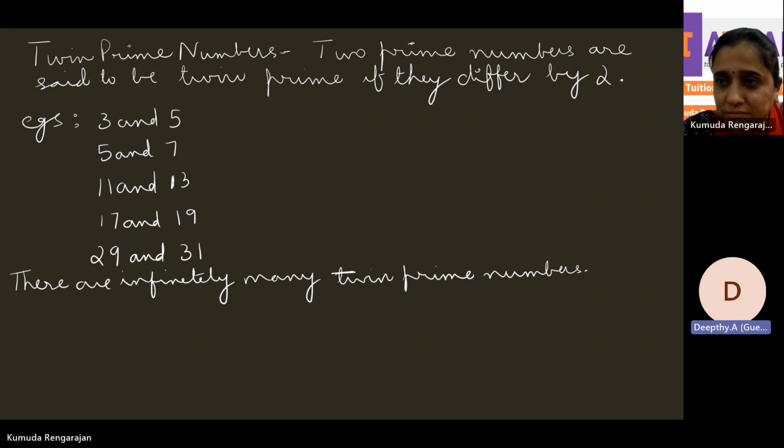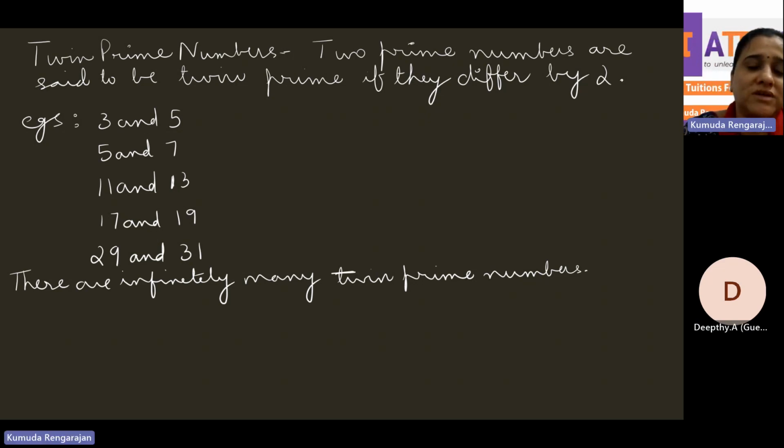Yes, ma'am. And in co-prime numbers, it's okay if one number is composite and one number is prime. Co-prime numbers can be of any combination: two prime numbers, two composite numbers, or a combination of a prime number and a composite number.